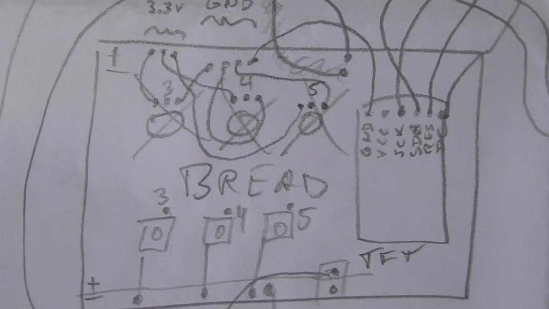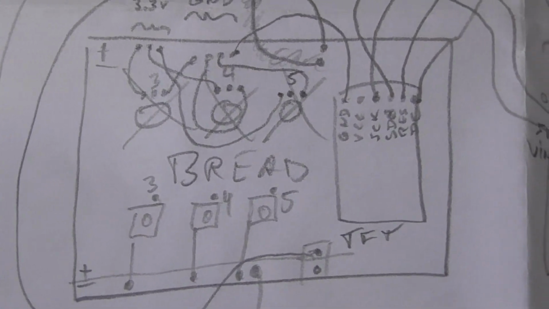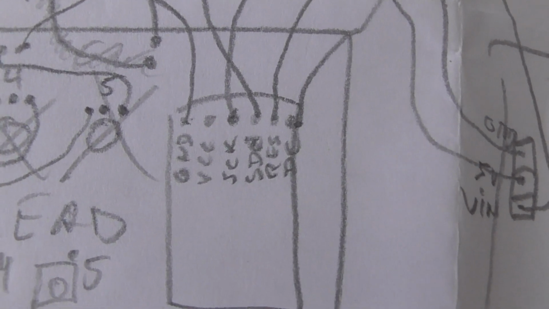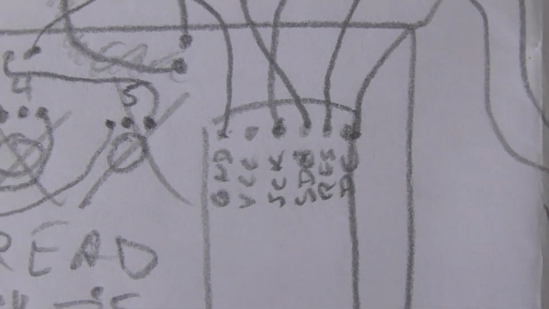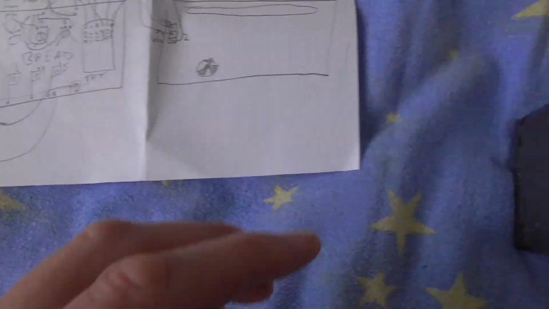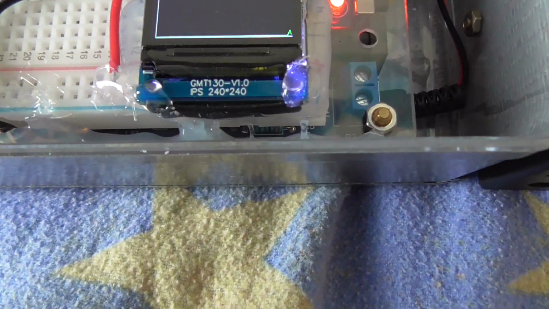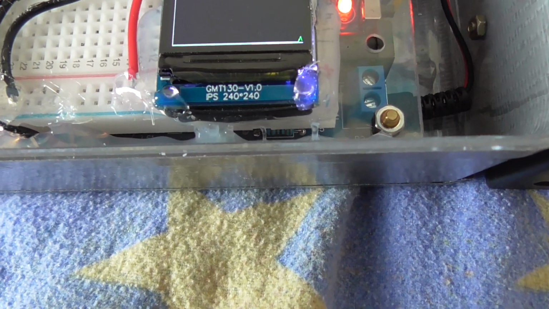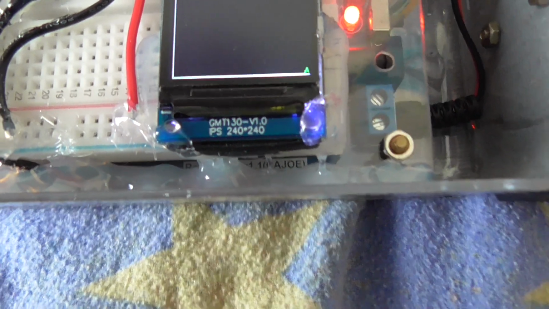This is the breadboard with the 3 buttons and the display. Which, by the way, is a GMT 130 V1.0 IPS 240 x 240 pixels.